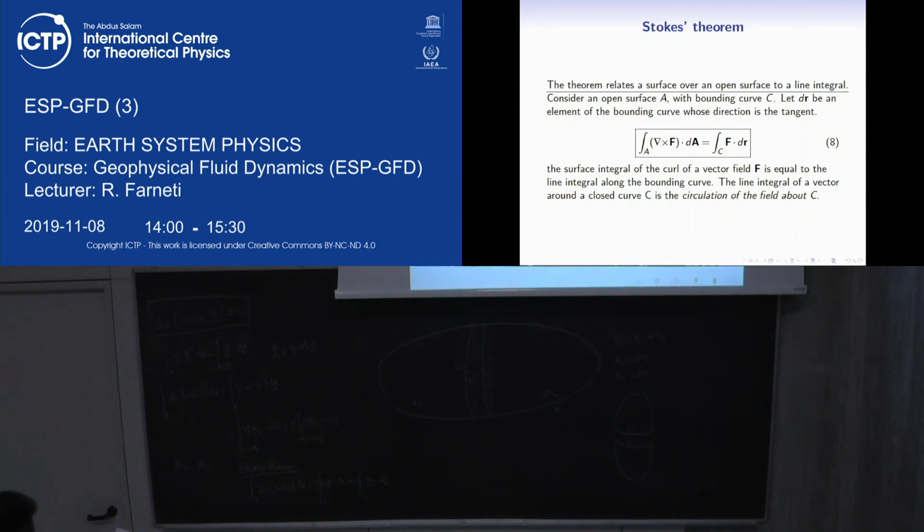But you know that C2 is equal to minus C1, because again they're going in opposite directions.